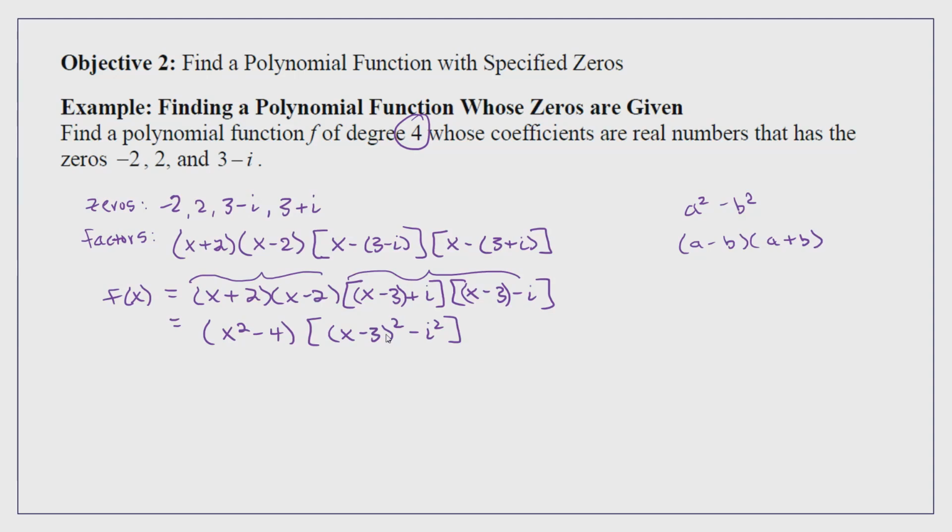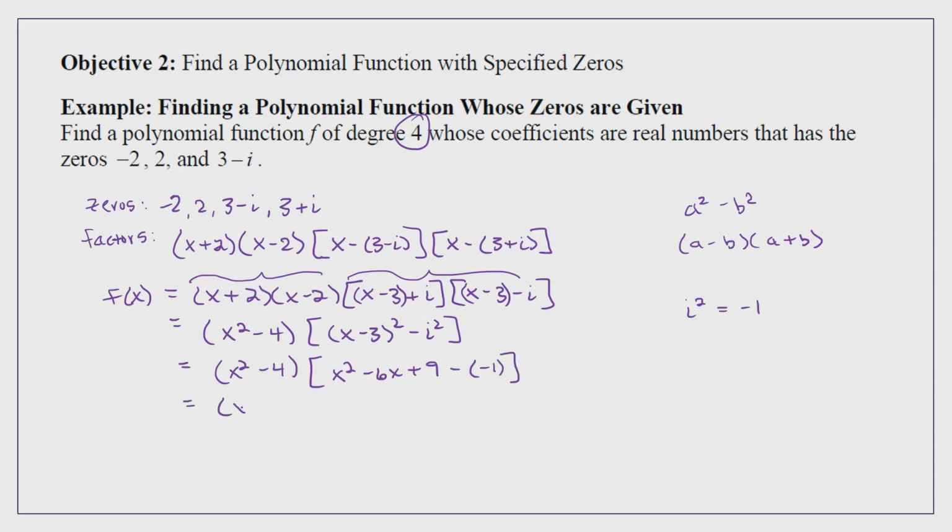So now we can multiply this out. We still have our x squared minus 4. And over here, we're going to have x squared minus 6x plus 9. That's what (x minus 3) squared is. Minus i squared, and i squared equals negative 1. So we'll be subtracting a negative 1.